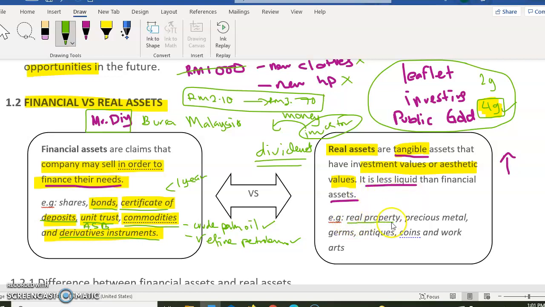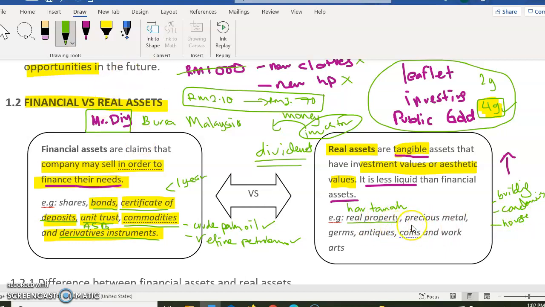For example, real property ataupun yang selalu you call sebagai hartanah kan. Selalu you panggil hartanah tu adalah real property asset. Seperti if you are buying a building kan, or you are buying condos, okay, condominiums or apartment, okay, or if you are buying a house, okay, so those are properties, okay.